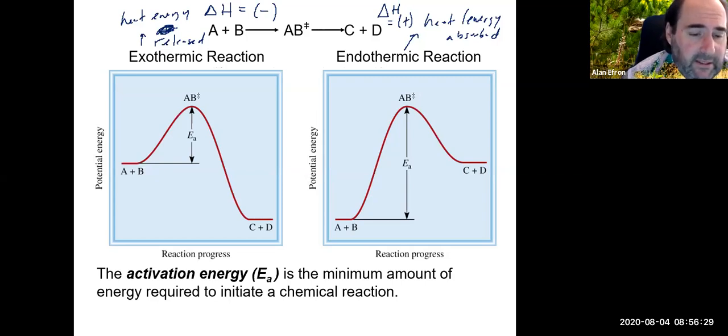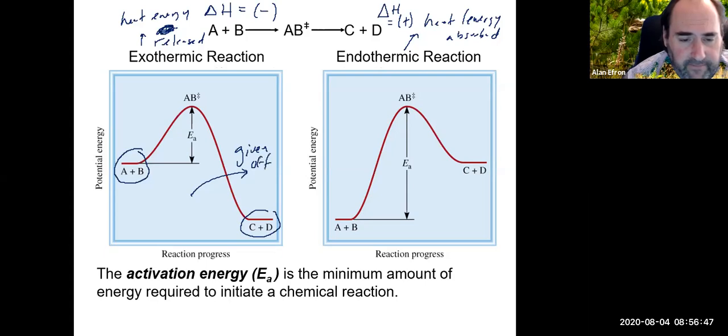So when we look at this energy diagram on the left, these are our reactants, these are our products, and what we see is our reactants are higher in energy than our products. That usually means in order for those reactants to get down to the energy of our products, energy has to be given off, which means it's exothermic. That's opposite of what we see in an endothermic reaction.